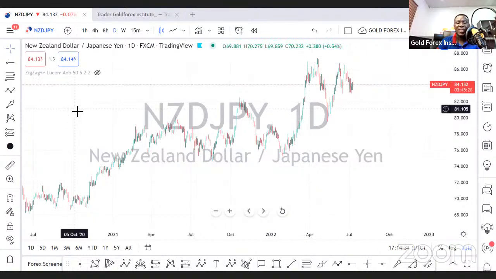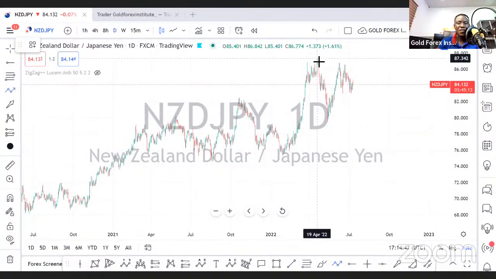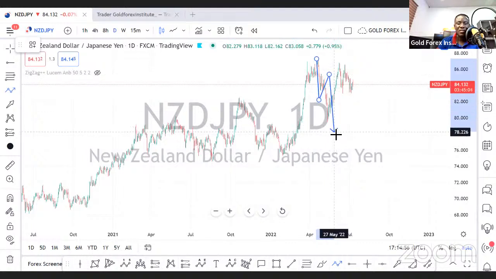Now, there are three types of Elliott wave corrections. We have the zigzag, the flat, and the triangles. Now, if it was forming a zigzag, it would have formed this way, A, B, and then we might have something like C, right?